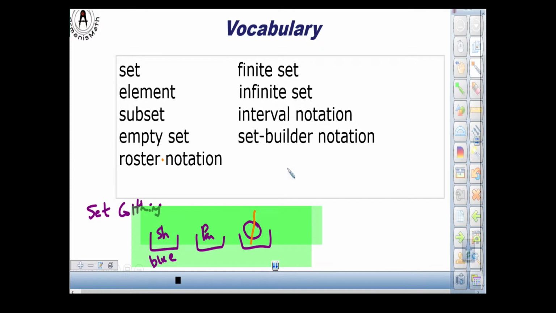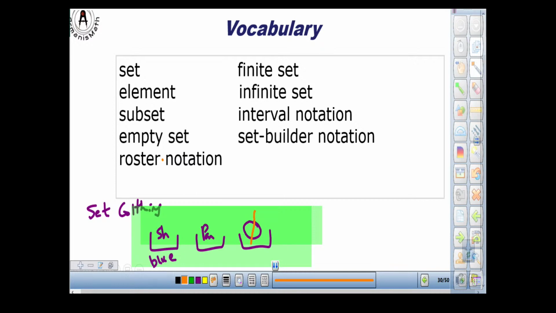All right. Next one is the roster notation. Roster notation means exactly like my roster, which has every single one of my students, and everyone has an ID, and everyone has a lot of data. So my roster is very detailed. It's listing every single one. Obviously you can't just use roster notation for everything that you want to list, because it's going to be cumbersome.